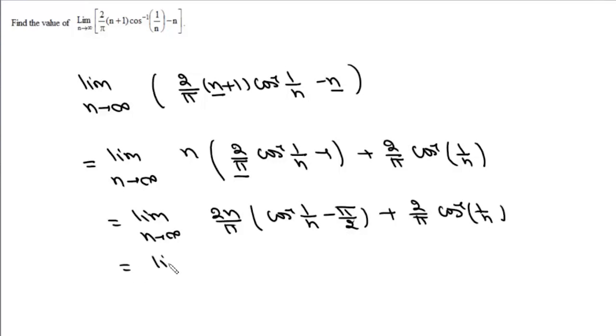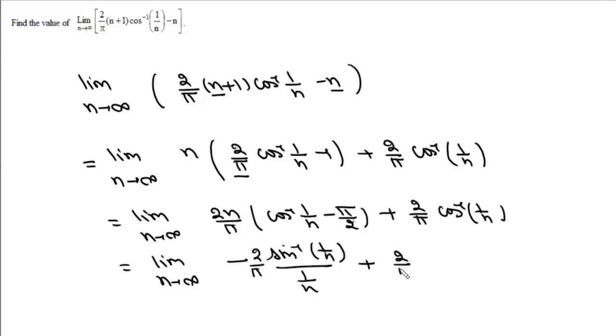So we can write this as limit n tends to infinity and minus sin inverse 1 by n, and this is 2 upon pi, and we'll take this n in the denominator. So it will be 1 by n plus 2 upon pi cos inverse 1 by n.